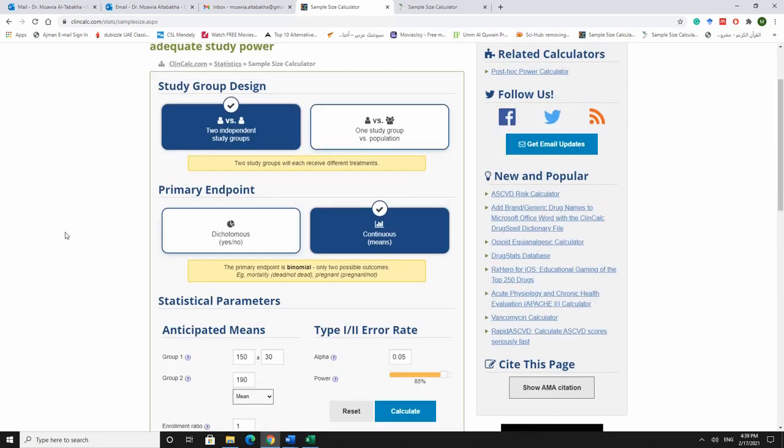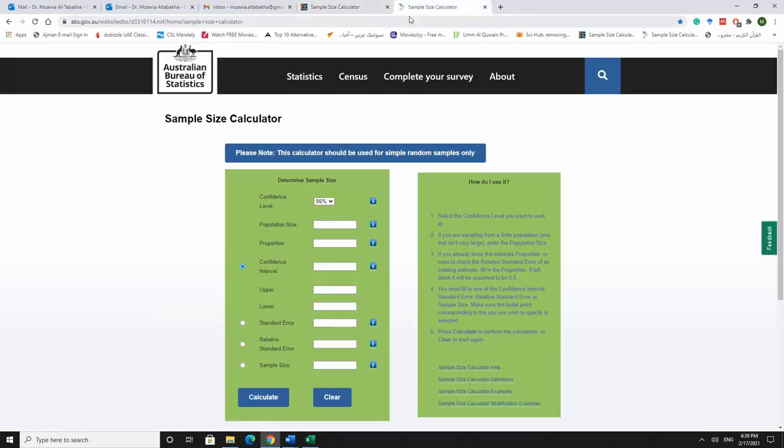Also, of course, this one assumes that the population is very large. Okay, if the population is smaller or limited or finite, for example the number of pharmacists in UAE or the number of consultant physicians in UAE, then in this case there is another website that you can use, and this is specifically when you want to do a survey.